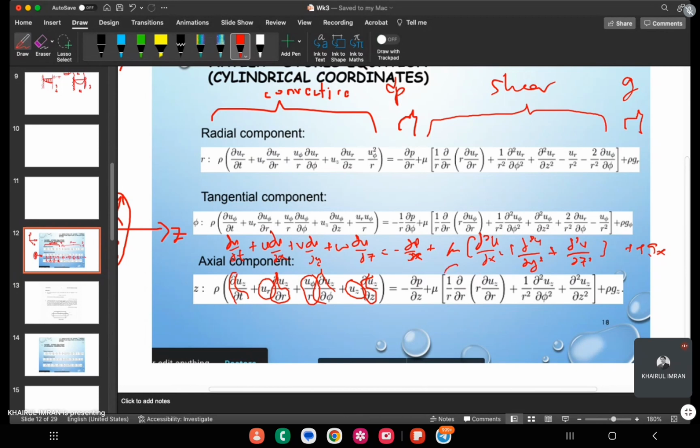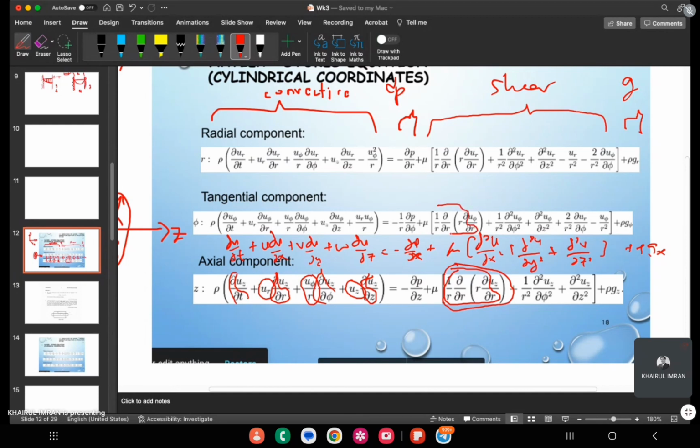Okay, but the thing is, don't be afraid. Ini adalah second order untuk r component. Del squared over del x squared. Untuk r component, 1 over r del over del r, r del over del r. So kita tengok dia akan repeat balik ke atas.